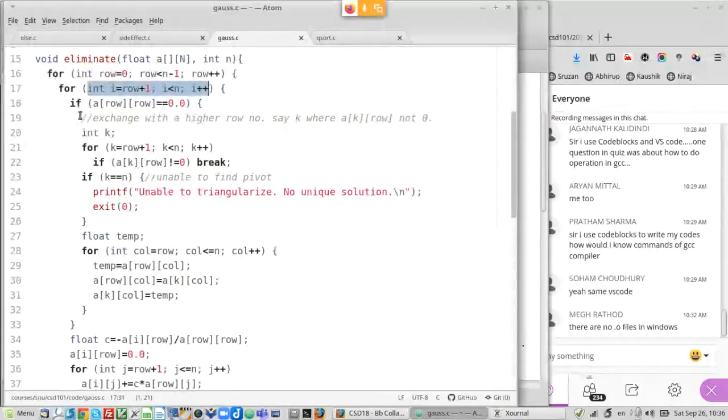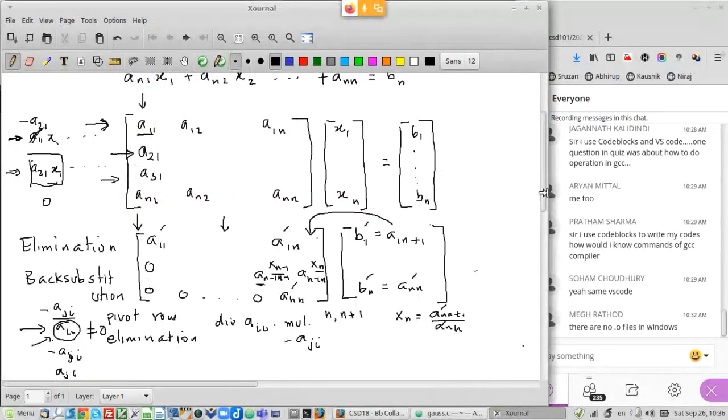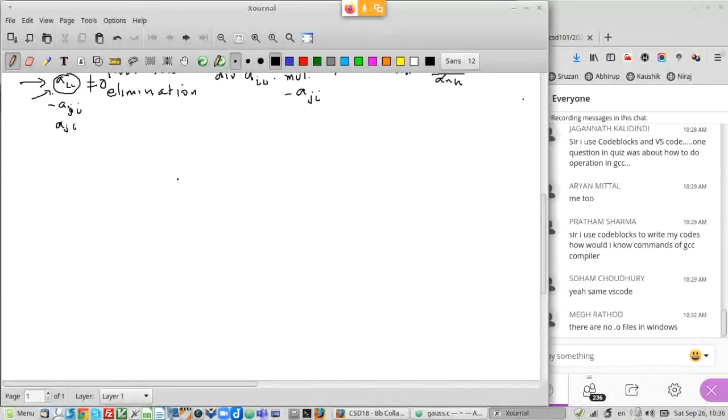So you actually try to find a row which is non-zero in that column. For example, if you have a matrix where you have a 0 in the pivot row, and let's say everything before this is 0, you are at AII, and here it goes to AIN, and you are looking at some row in this column, say AJI to AJN. So this is your pivot row, this is your elimination row.